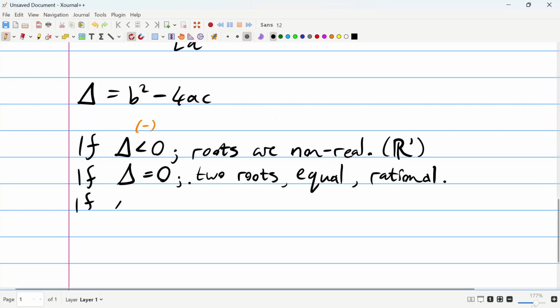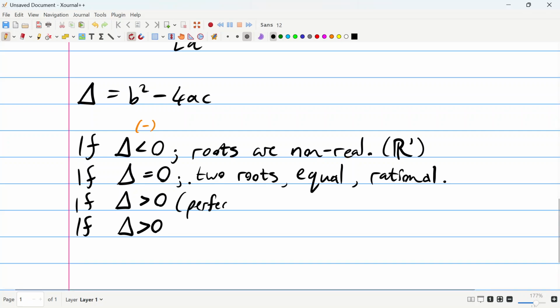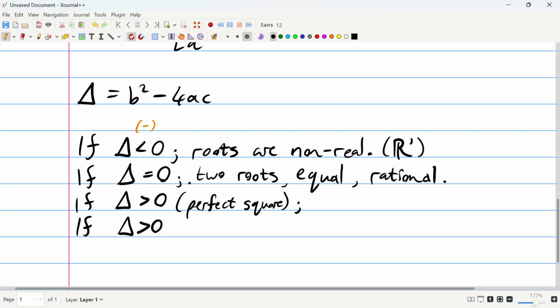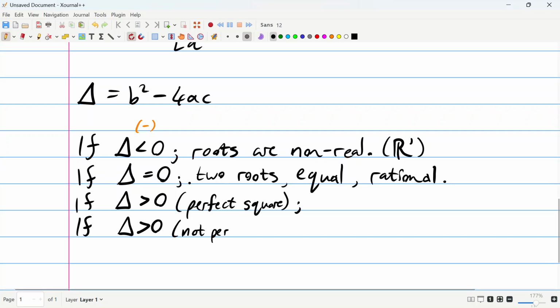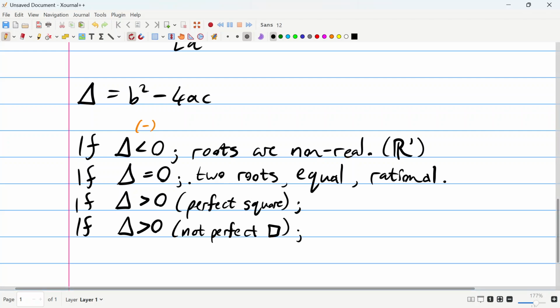But what if the discriminant is greater than 0? Now there are two conditions, so I'm going to write both of them down. So the first condition is if it is a perfect square, okay? And then the second one is not a perfect square. Okay, I'm going to just draw a square.